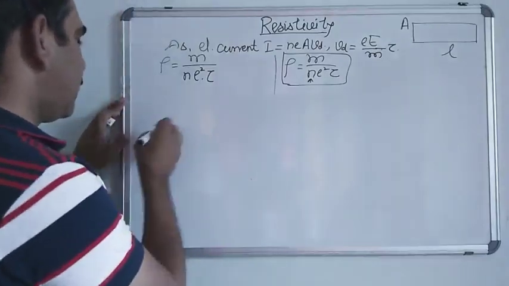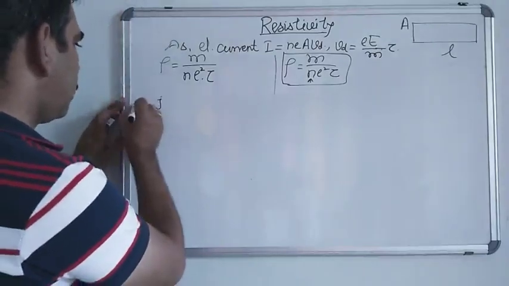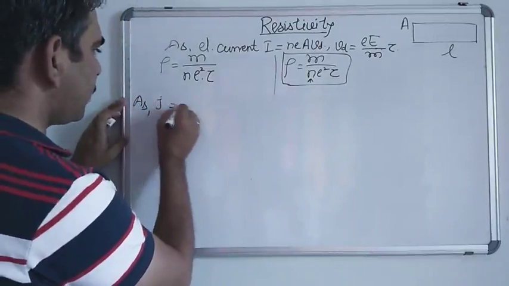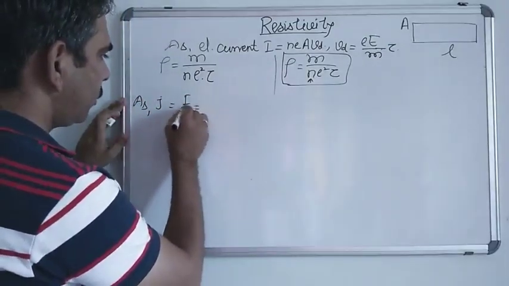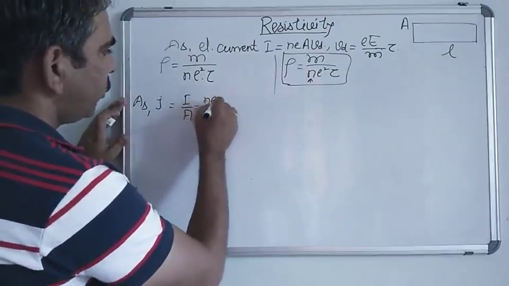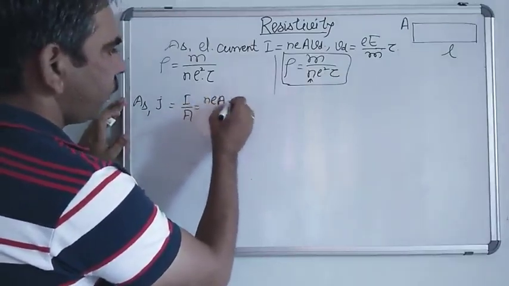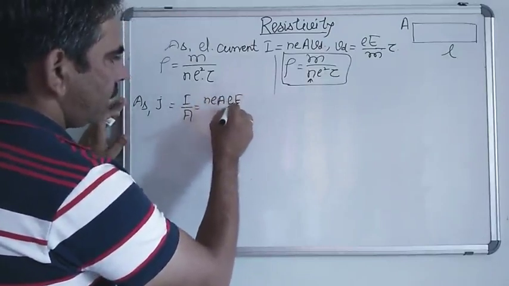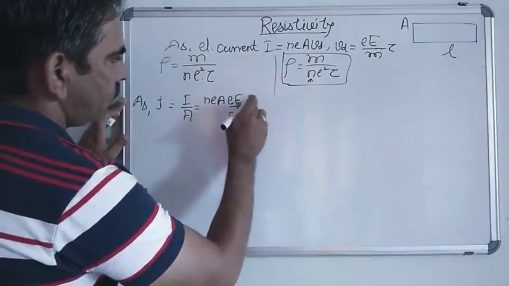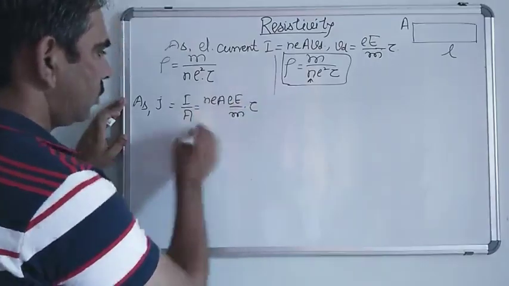And we already understand that the expression for current density is nothing but I upon A, which we have found to be n e A Vd. Vd is nothing but e E upon m into tau.